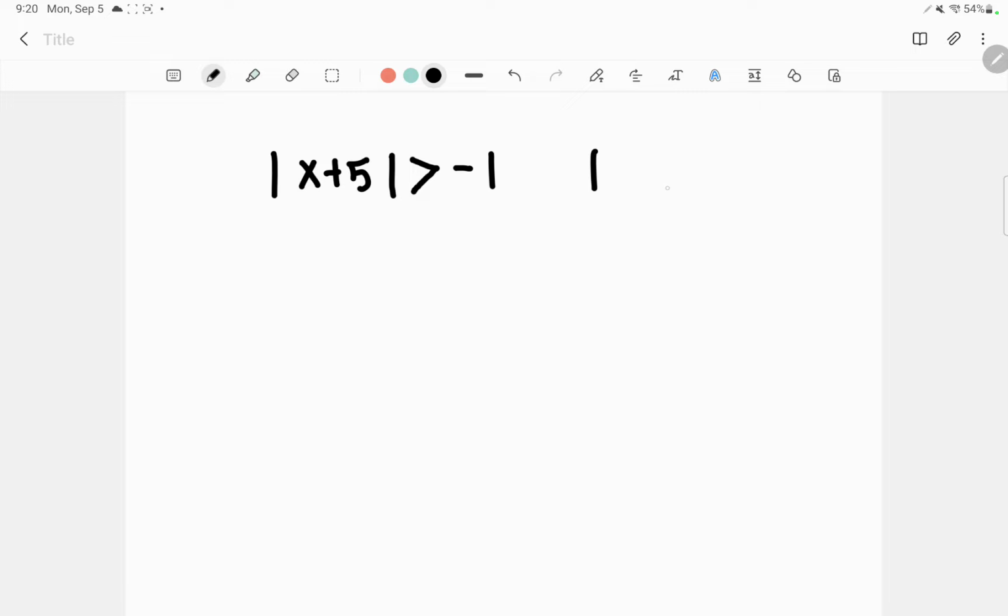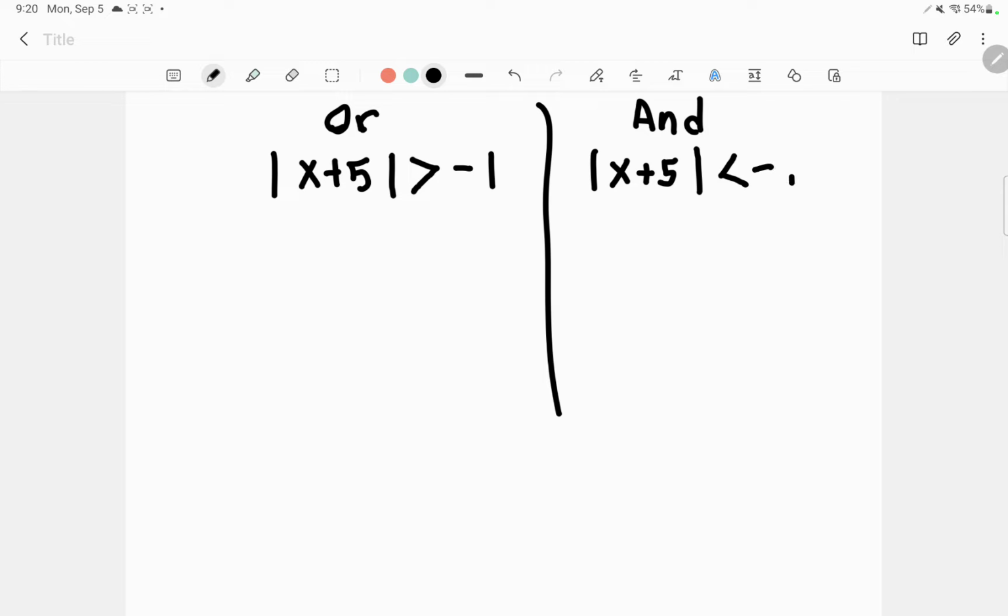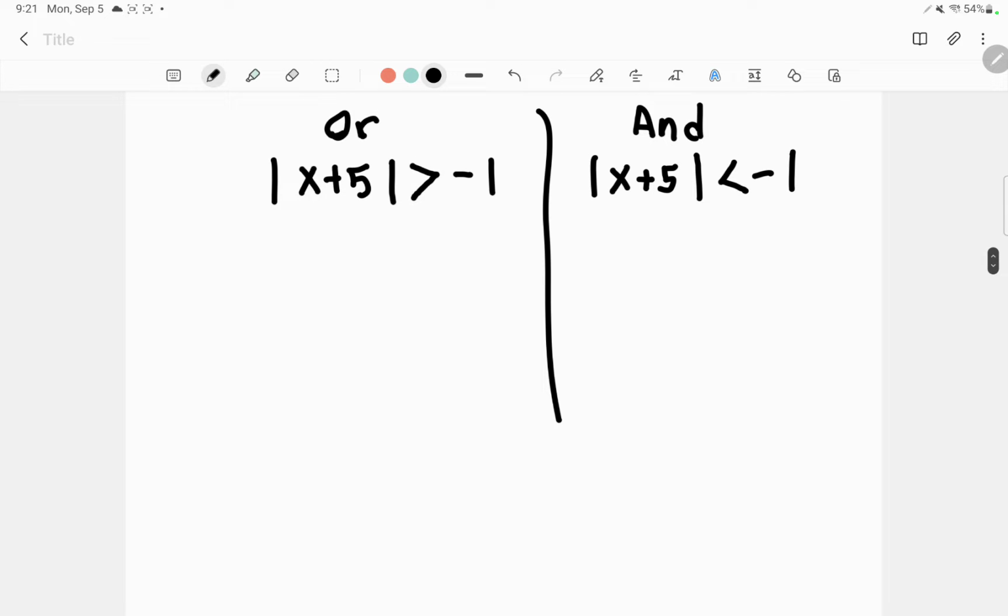Now, I'm going to write the two scenarios so you guys don't get confused. This is an OR, and this is going to be an AND. Whenever you have this type of problem on an AND, meaning your inequality, and then you have a negative, then you have no solution.